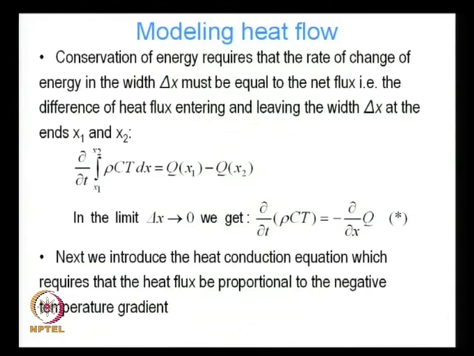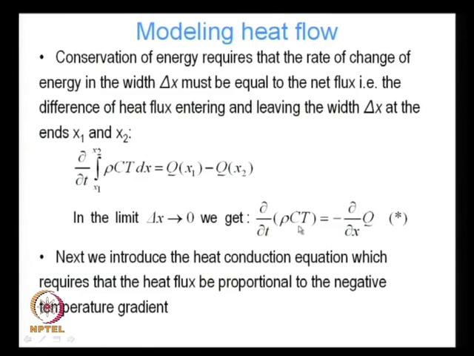So, we see the rate of change. This was my heat energy in my little strip: the integral of rho C T dx over x1 to x2 was the total heat energy in that little strip, and the rate of change of that heat energy is equal to the flux at x1 minus the flux at x2. In the limit when delta x goes to 0, what do we have?